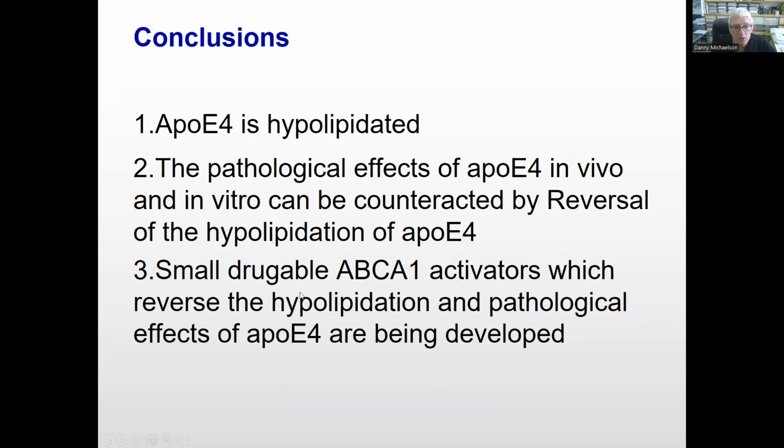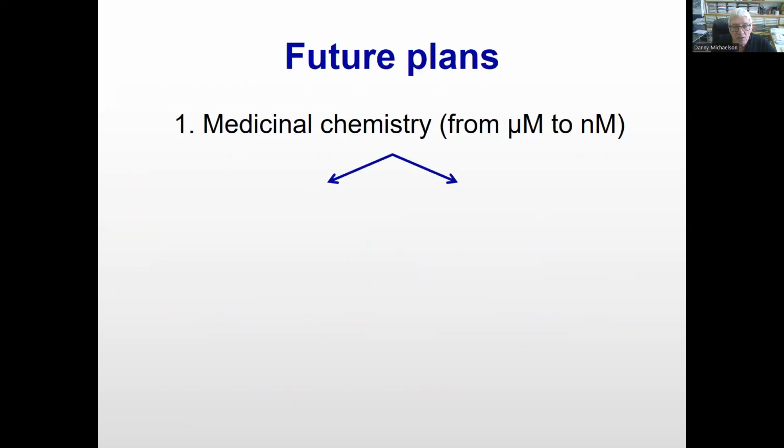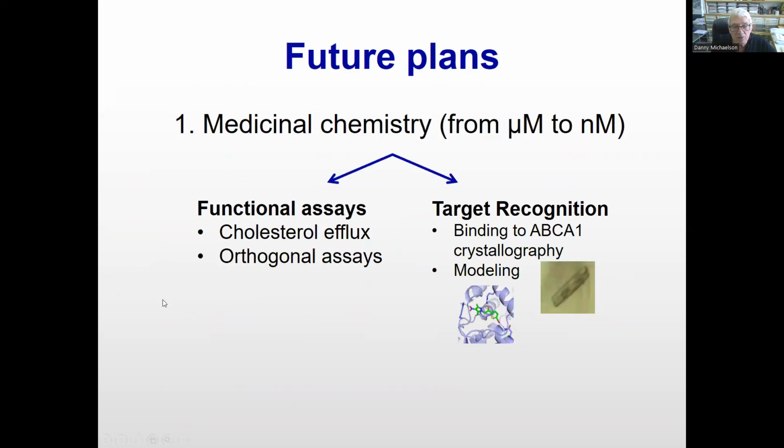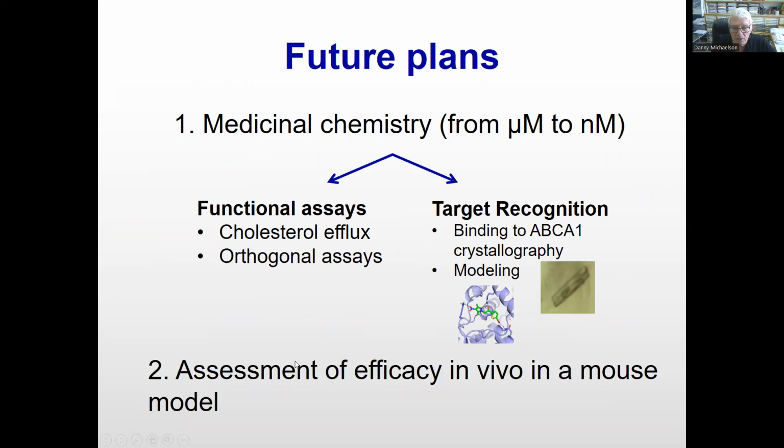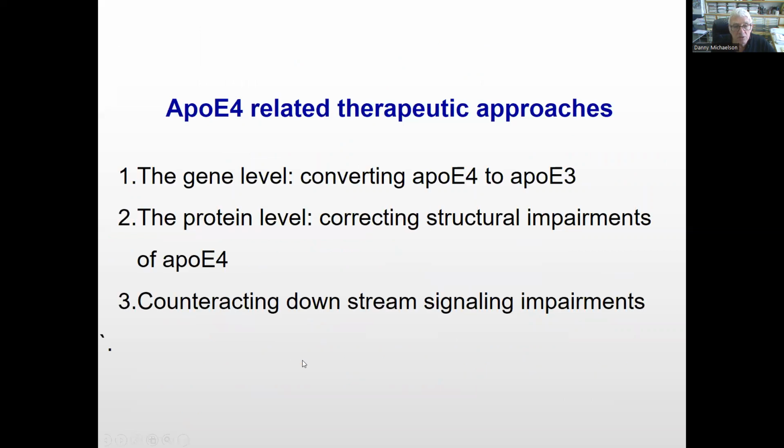So our conclusion is that small druggable ABCA1 activators, which reverse the hyperlipidation pathological phenotype of ApoE4, are being developed. Future plans are in two main directions. One is, of course, to try to get the drug to go from micromolar to nanomolar and to better characterize the in vivo concentrations.